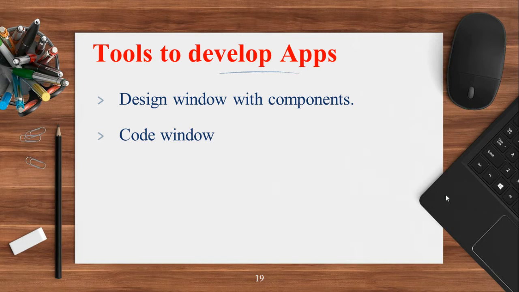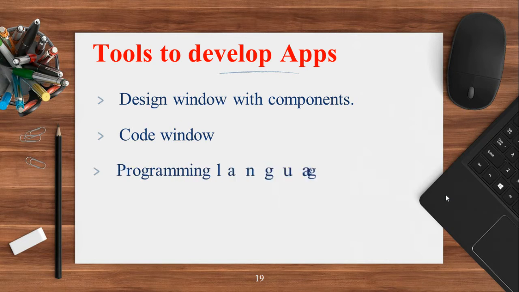Okay. So the first thing is the design window and the second category is the code window. And the code window just shows you blocks, and when you build those blocks together, you will get a program, and that program can be in any programming language.